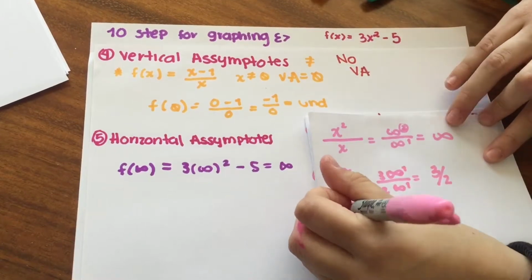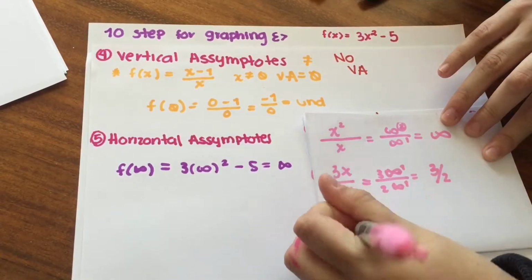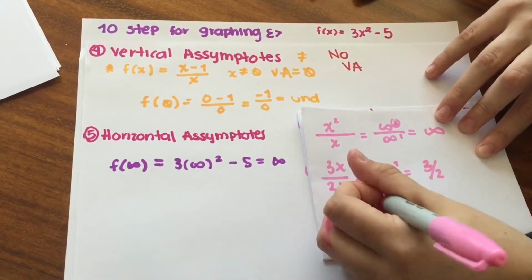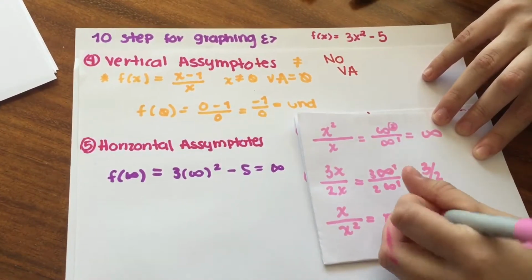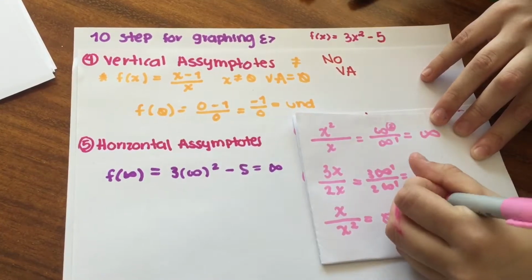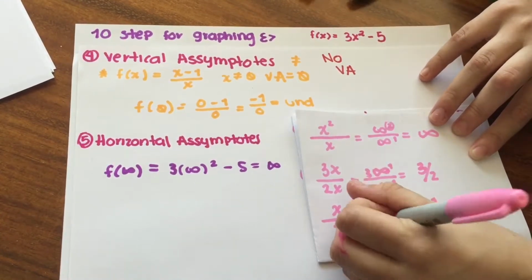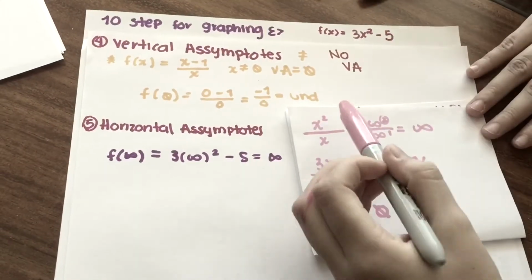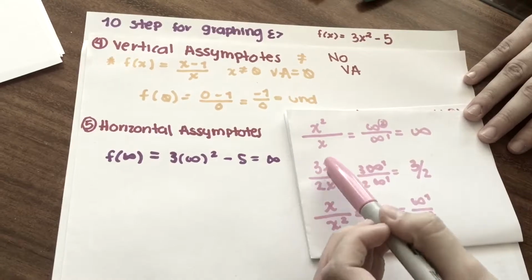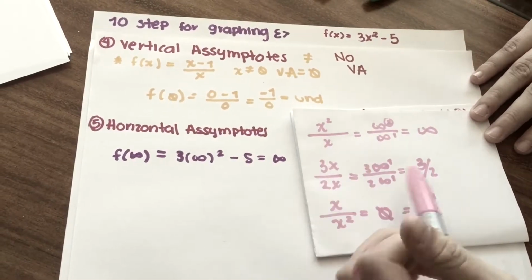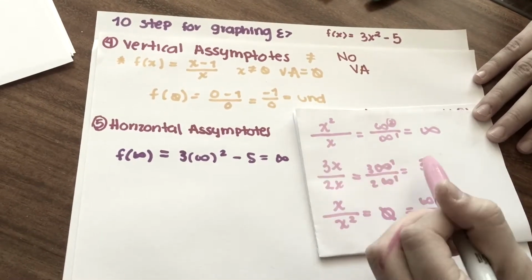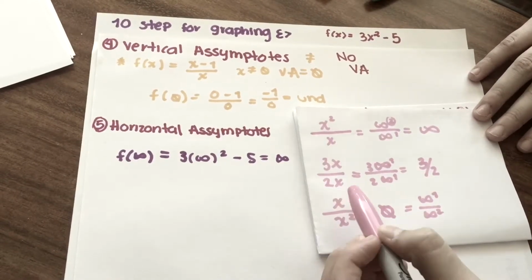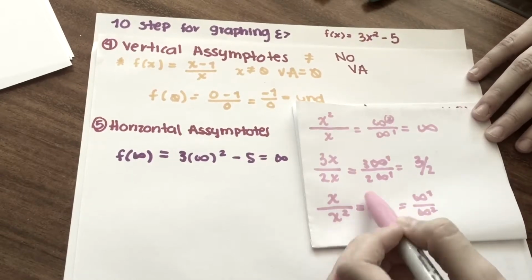And the last one is when you got x over x squared, then your answer will be 0, because it's infinity over infinity squared. This 2 is bigger than this 1, so then it's 0, okay?